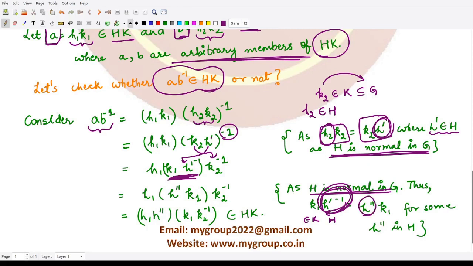So it is h double dash and this k1 as such. This would be your member of the right coset. So let's substitute it here. In place of k1 h dash inverse, it would be h double dash k1.